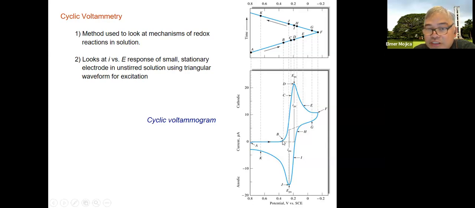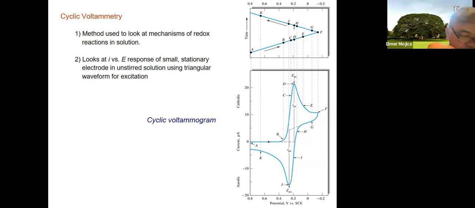So B would go here, C, and then D is the one that is, we could say, at the maximum peak current in the cathodic direction, and then E, and then F. So F is the most negative potential that you have. And then you sweep it again to make it positive in terms of the potential. So it's just going to do the reverse, as you have said.